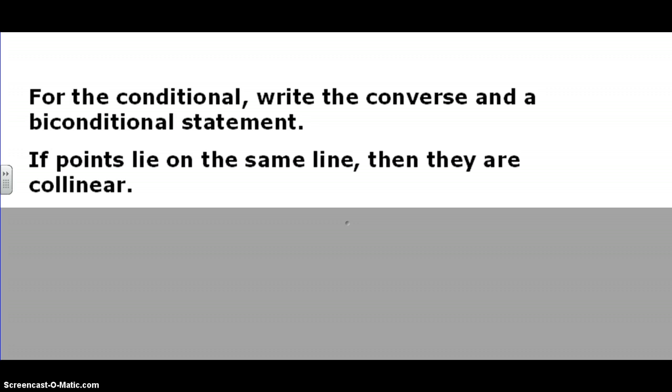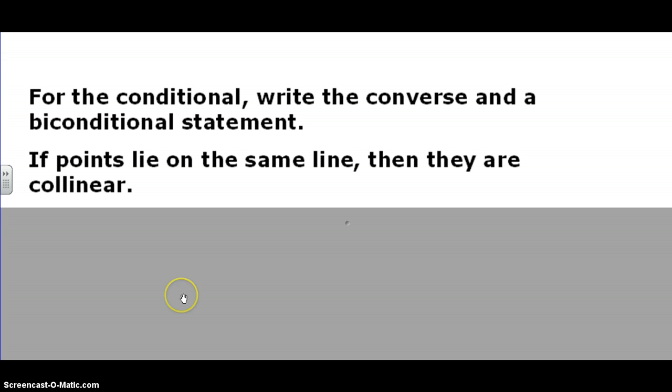This time for the conditional statement, we are going to write the converse and a biconditional statement. So pause the video and start by writing the converse of this conditional, and then write the biconditional statement you can make given the conditional and its converse. All right, so the conditional says if points lie on the same line, then they are collinear.